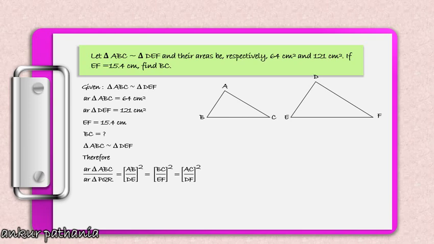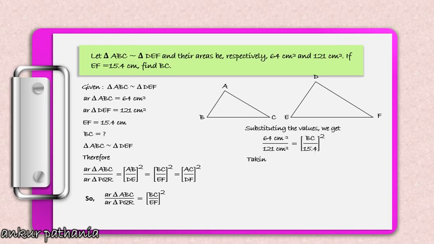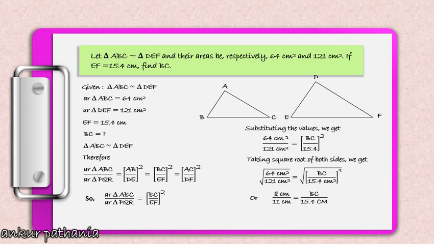But in this problem, we are bothered about BC and EF. So we will reduce this to area of triangle ABC upon area of triangle DEF is equal to BC upon EF whole square. Now on substituting these values, you can easily find out the value for BC, that is 11.2 centimeter.